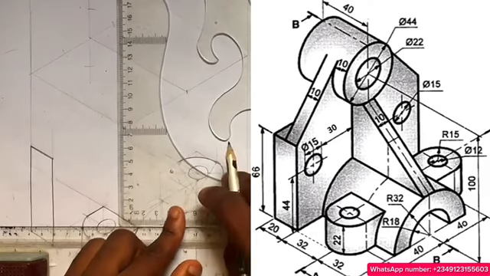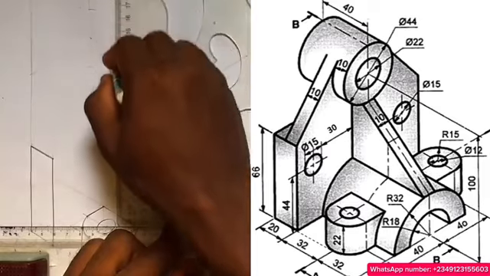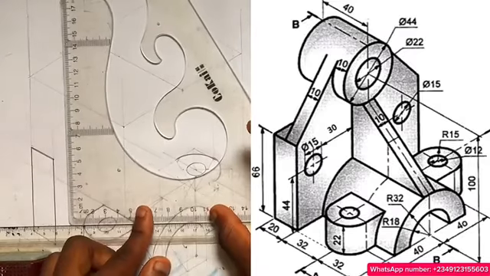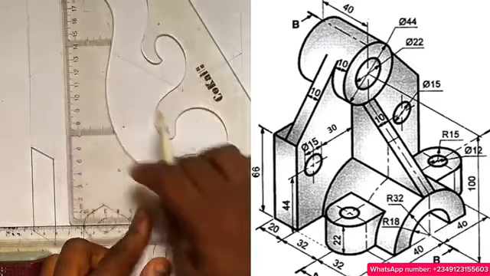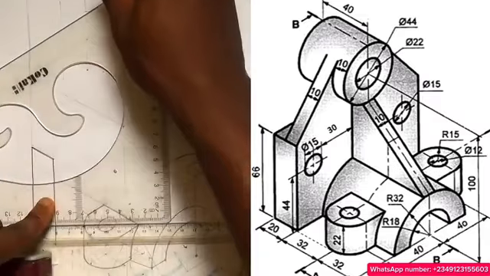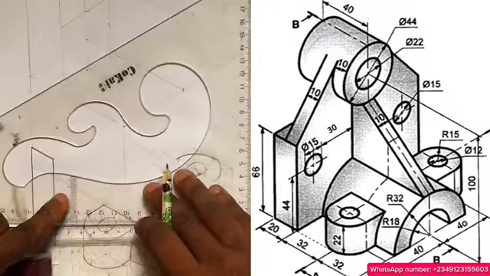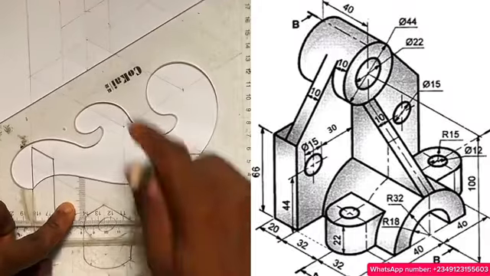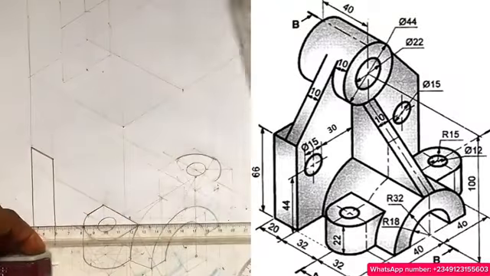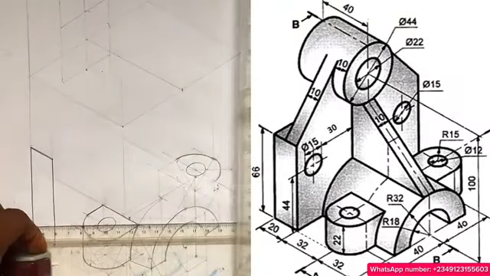I'll transfer this point here down. I'll take this point here, this one here, down, this way around, right? As you can see, this is what I'm having here.